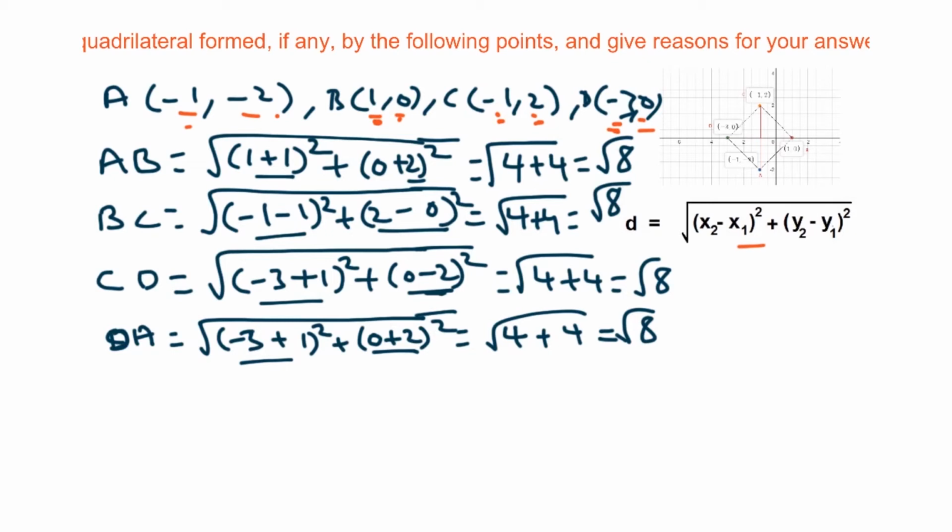Now we will find the lengths of the diagonals. If diagonals are equal, then it is a square. If diagonals are not equal, then it is a rhombus. So let us find the first diagonal AC. Before finding AC, let us consider this as x1, y1 and this as x2, y2.